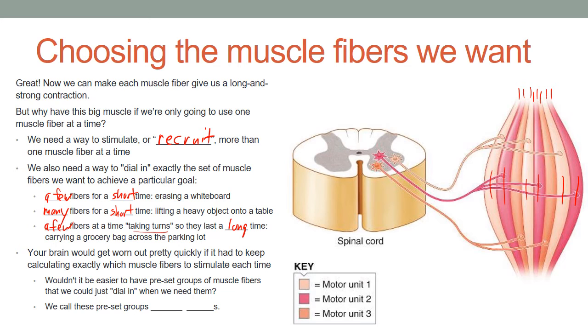So we can just say, oh, well, I need group 1 right now, and then I'll use group 2 later. Or I need a stronger contraction, so I'll add group 1 and group 2 together. And that's exactly the way the body approaches stimulating muscles. It stimulates a preset group of muscle fibers all at once. And we call those preset groups motor units.